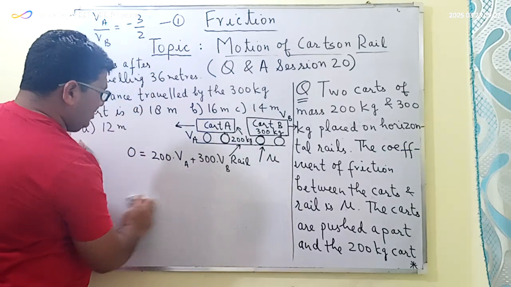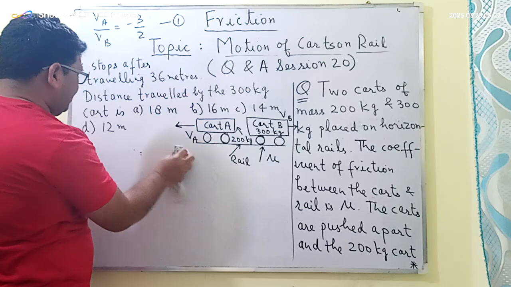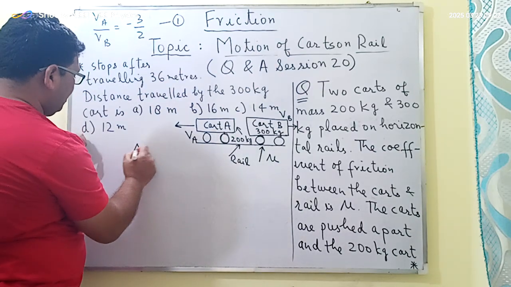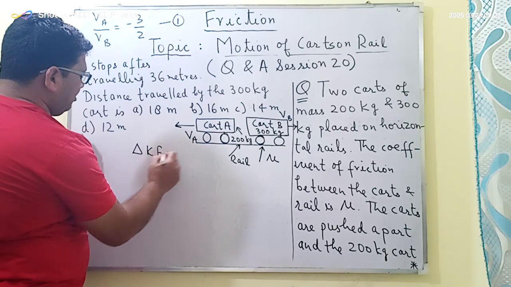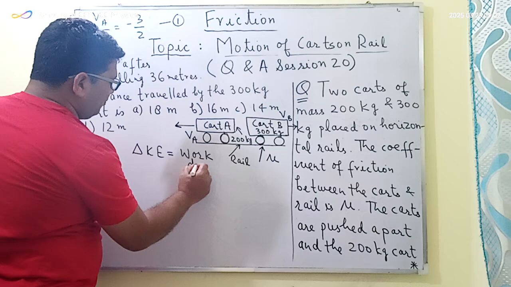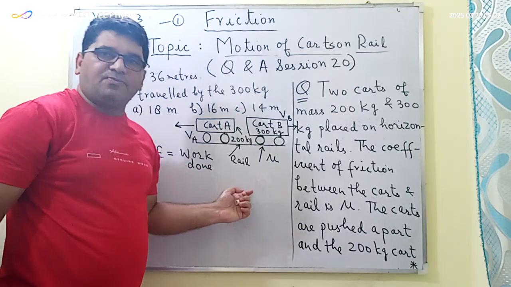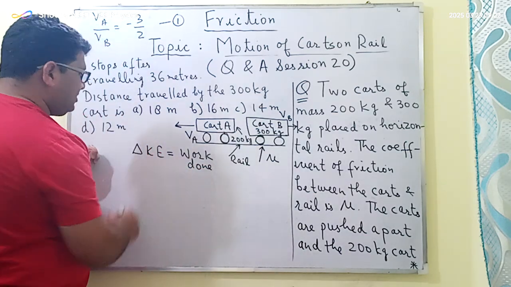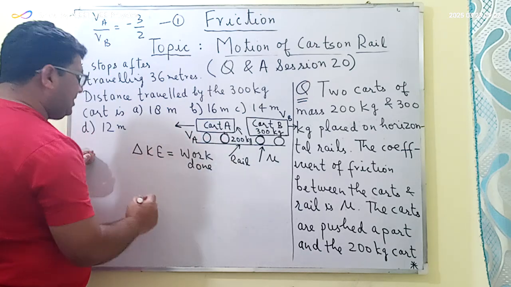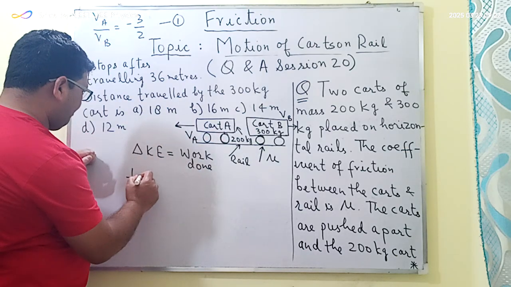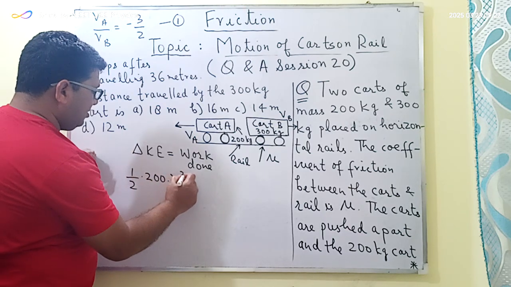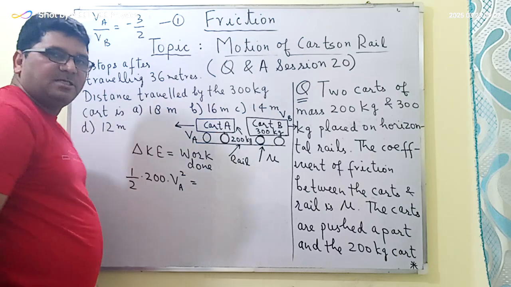Now we will use the work energy theorem. That is, the change in the kinetic energy is equal to the work done. Here, the work will be done against the force of friction. Let us take the case of cart A. The change in kinetic energy will be half m, which is 200, VA square, because the initial kinetic energy is equal to 0.